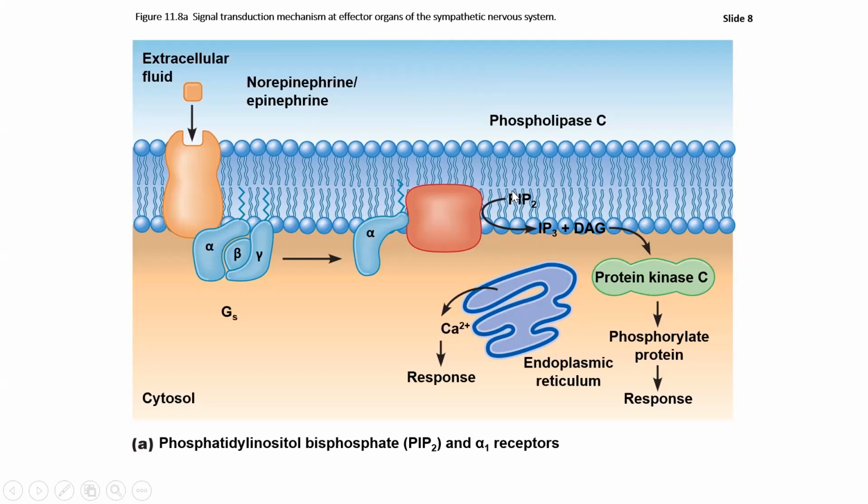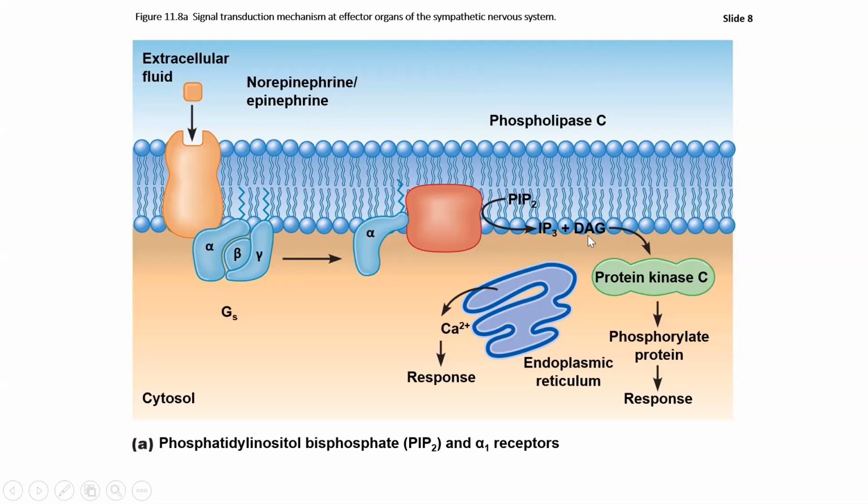This is phosphatidylinositol bisphosphate. You probably won't see that name written anywhere. You'll likely see PIP2 on an exam question or anywhere else for that matter. And so PIP2 is cleaved into IP3, which is inositol triphosphate, and DAG, which is diacylglycerol, okay?